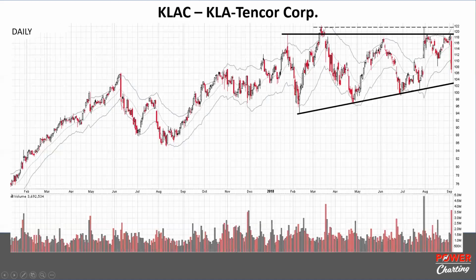Well, let's have a look. Here we have a semiconductor equipment name, KLA-Tencor, and notice how after a run-up you have a climactic surge that occurs into late January. So there's preliminary supply there, then the climax, and following the climax is the automatic reaction.